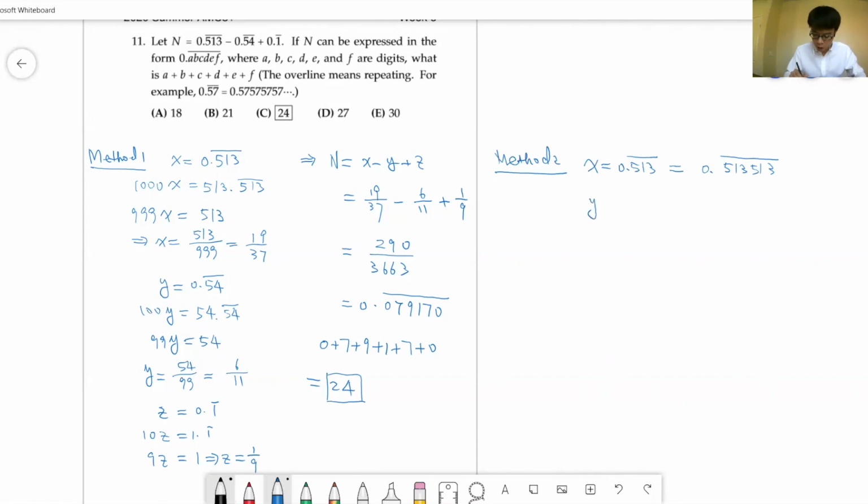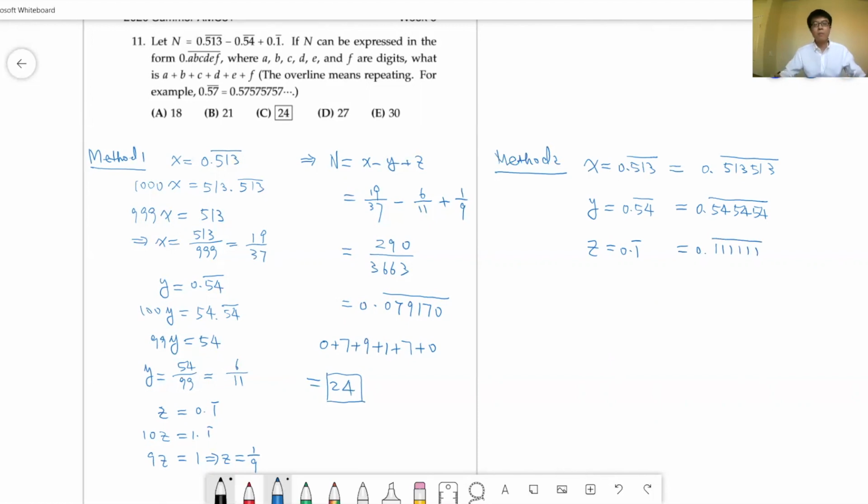And similarly, y is 54 repeating. So this is equivalent to 0.545454 repeating, okay? And z is 0.1 repeating. This is equivalent to 111 repeating.